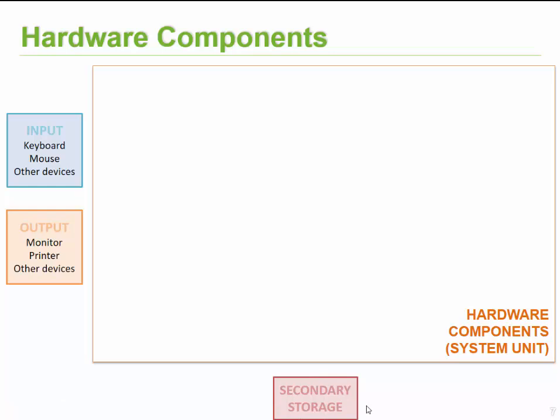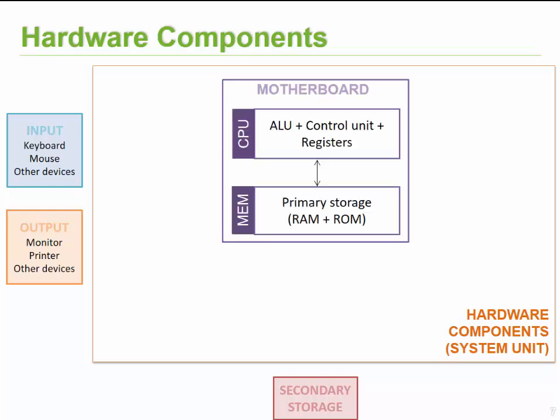So you've got a portable hard disk, memory sticks, USB sticks, and these can be connected to a computing system. If we look at the inside of the system unit, more importantly, we find the motherboard.